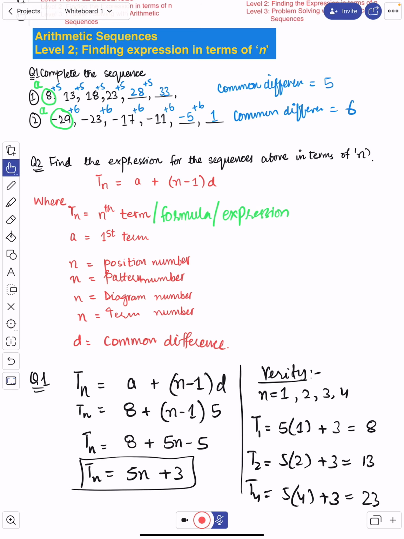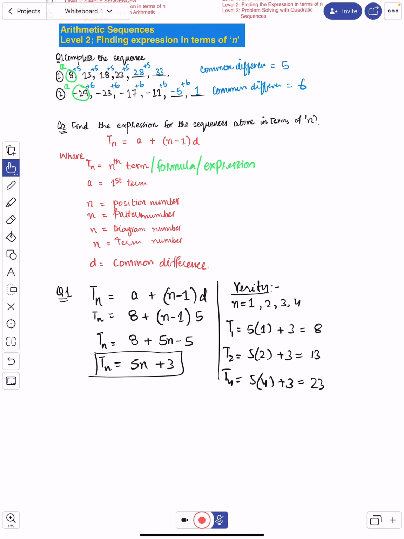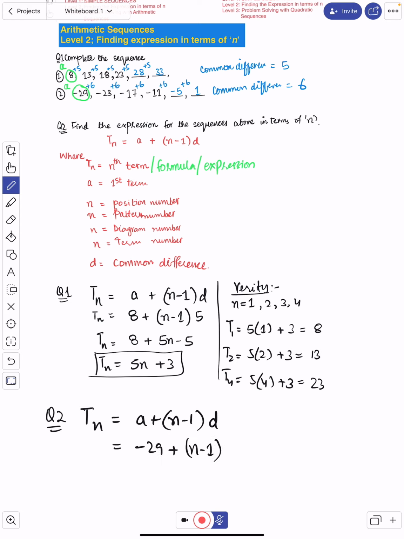In the very similar fashion, you can do question number 2. You can see question number 2, you use the formula, you write this a plus n minus 1 times d. Your a is minus 29, n minus 1 is as it is, taken down, and your common difference is 6. So hence minus 29 plus 6n minus 6, and that is making 6n minus 35.